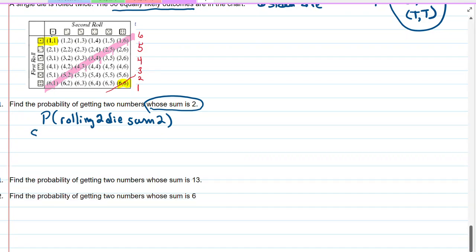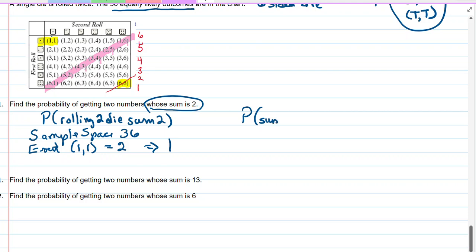Our sample space is 36. It's only 1 and 1 which adds up to 2. The probability the sum is 2 is the cardinality of our event over the sample space, 1 out of 36. Highly unlikely.